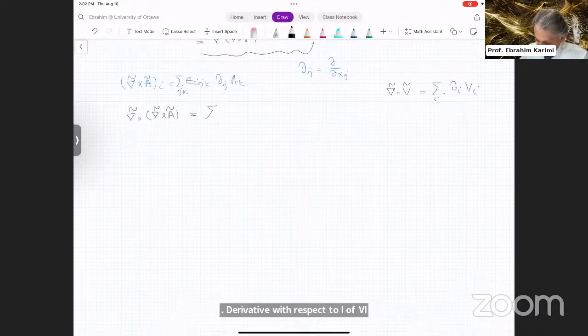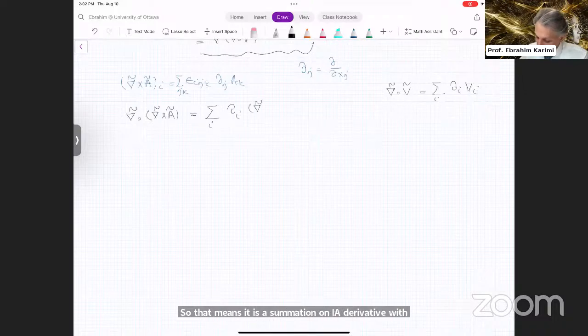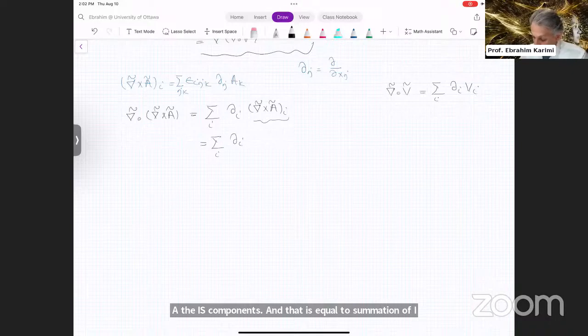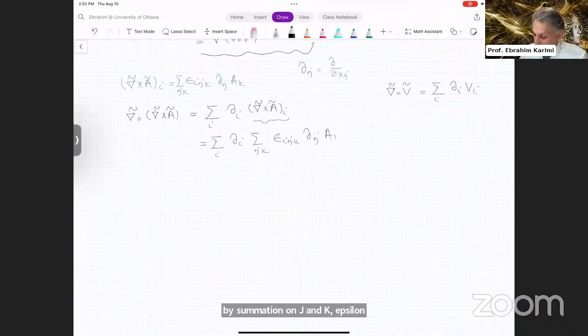That means it is a summation on i, derivative with respect to i of the i-th component of curl of A. And that is equal to summation on i of derivative of i of the curl's i-th component, which I mentioned here, is given by summation on j and k, epsilon ijk, derivative with respect to j of A_k.